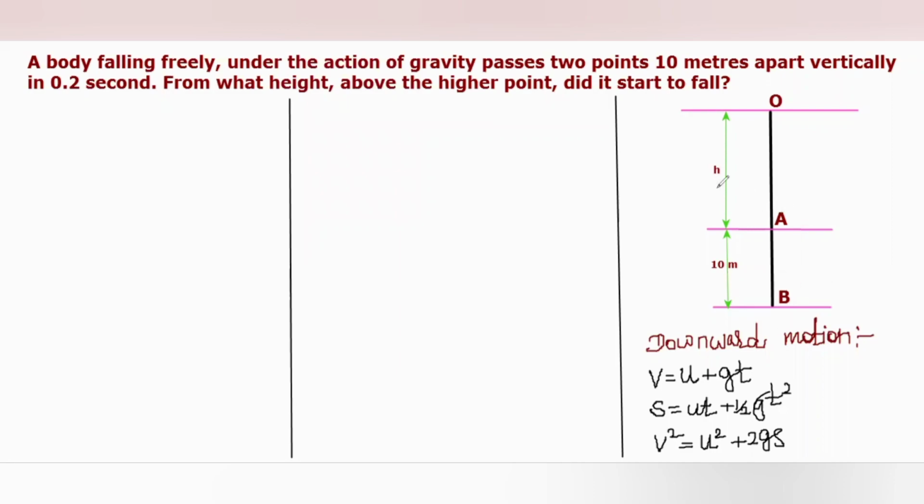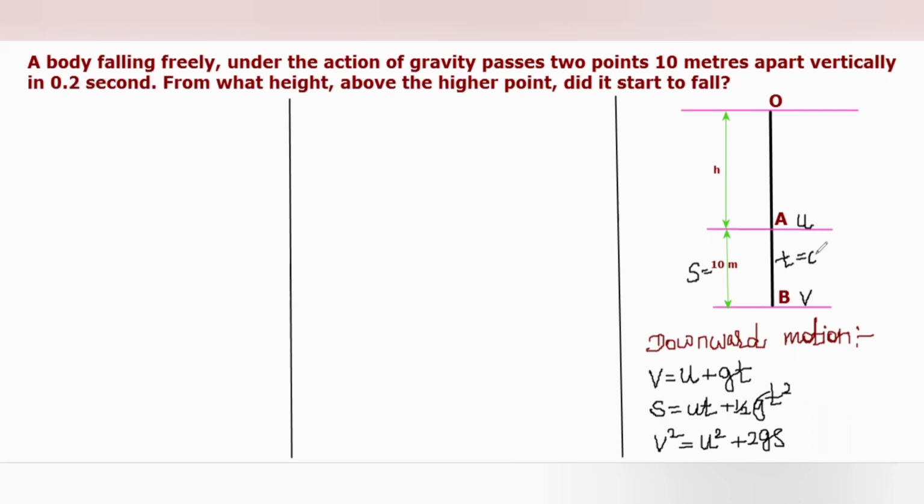Here, as I mentioned earlier, I'm going to take the segment AB. Here A is the initial point, so the velocity at point A is the initial velocity U, and B is the final velocity V. Then this 10 meters I'm going to take as S. The time taken to cross this 10 meters is 0.2 seconds.